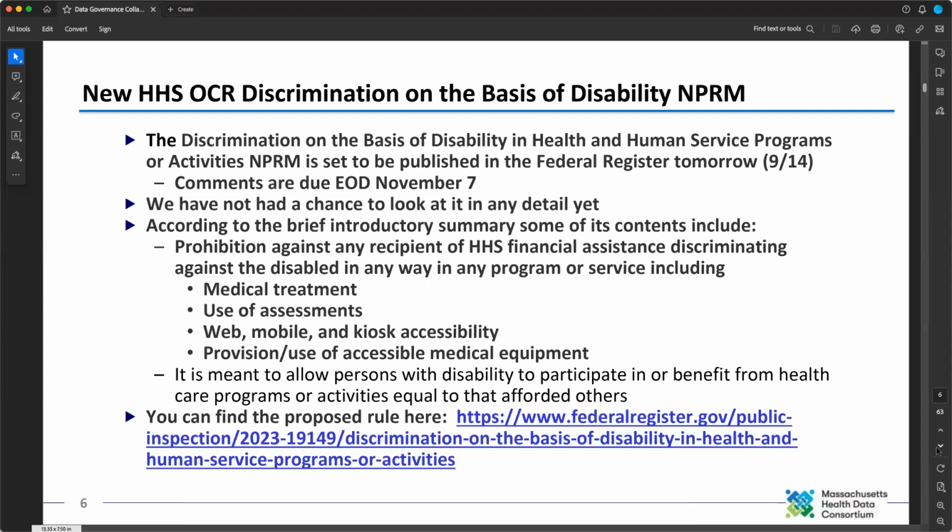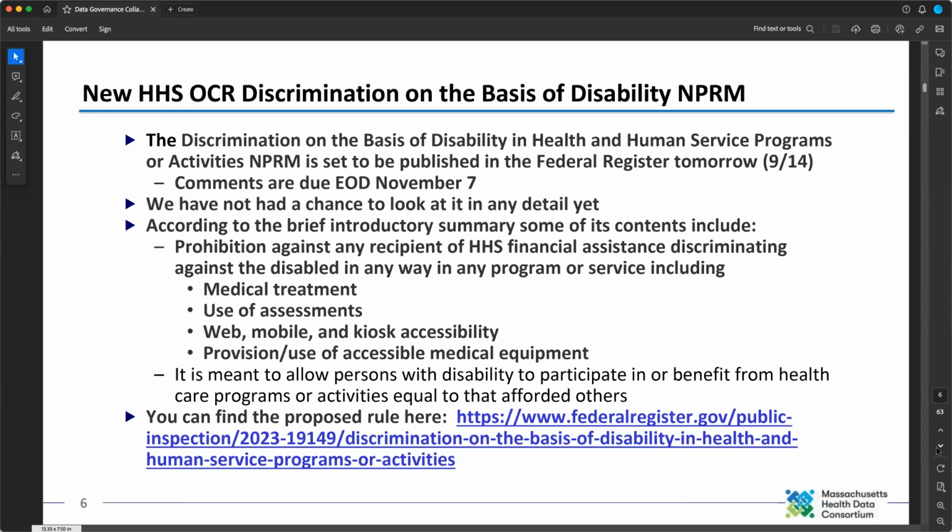And I know there's some discussion of things like adjustable beds and accessible scales in the rule. I don't know what else they talk about specifically. But the idea is that it's meant to allow people with disabilities to participate in or benefit from all healthcare programs at an equal level that other people have the ability to participate.